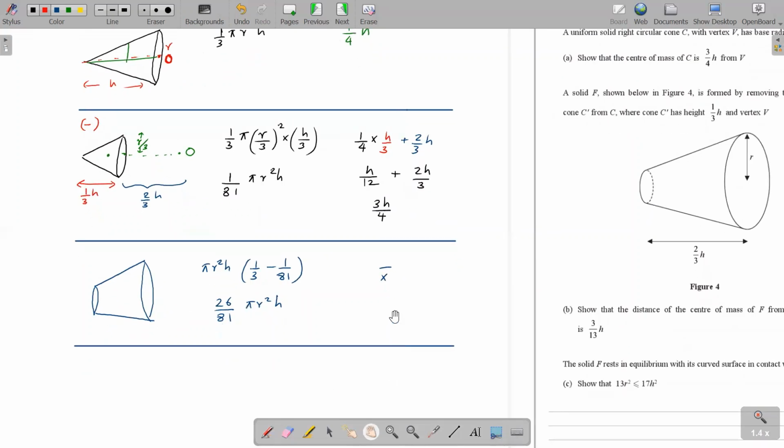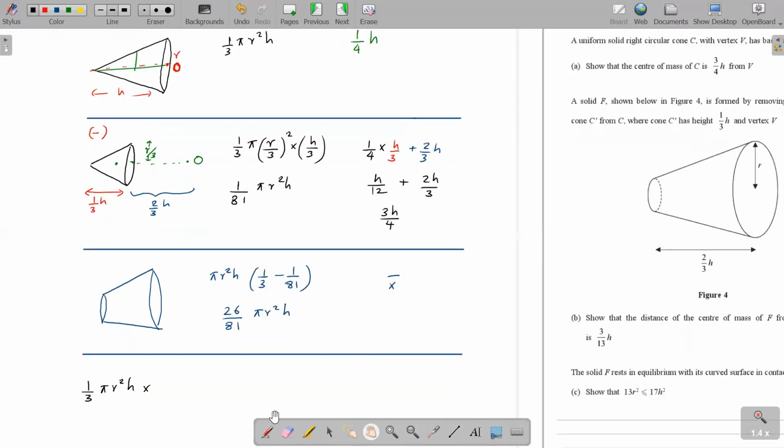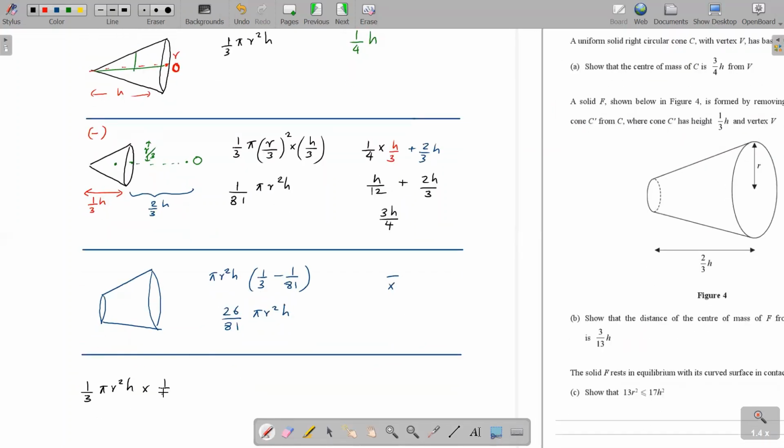So 1/3 pi r square h multiplying with 1/4h, then it's not addition, it's a subtraction, 1/81 pi r square h into 3h over 4. Agree? Equals total mass 26/81 pi r square h into x bar. Do you agree?